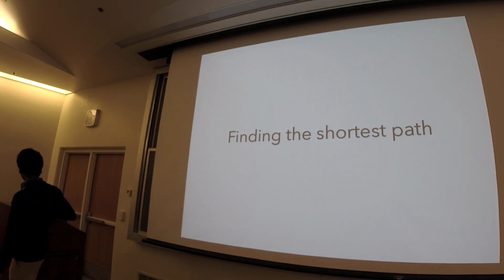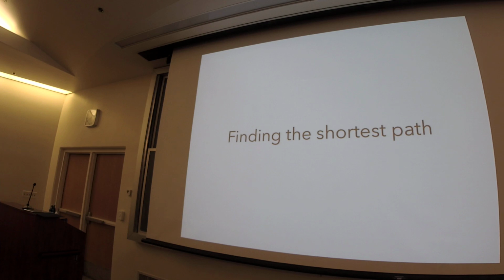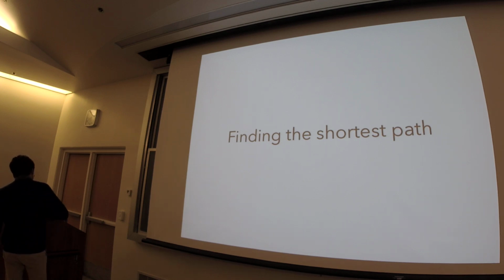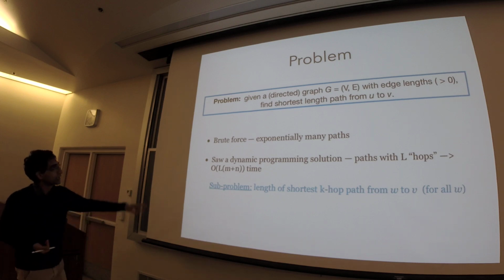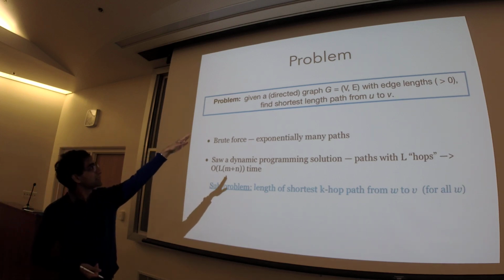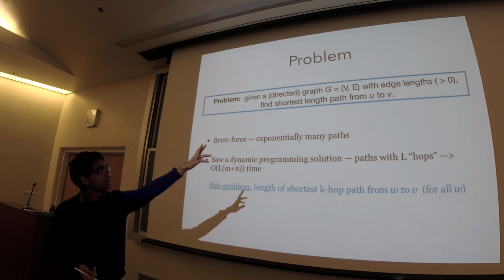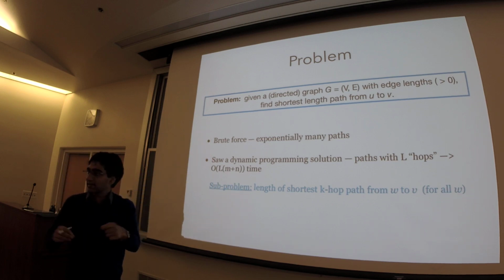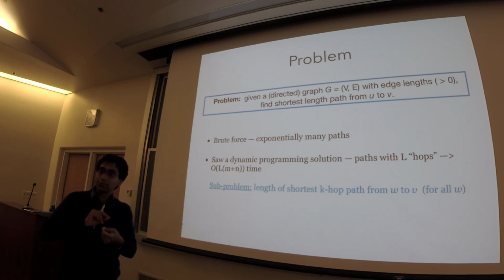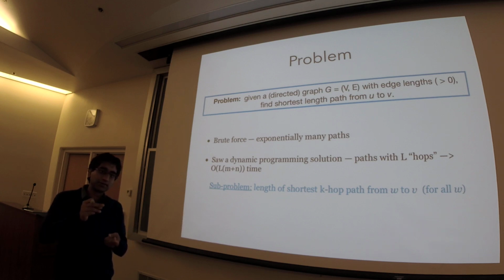So today I wanted to come up with algorithms for a very basic problem, which is finding the shortest path. We saw this problem before. You're given a graph, and let's say it's a directed graph, so going from place A to place B could take longer than coming back.